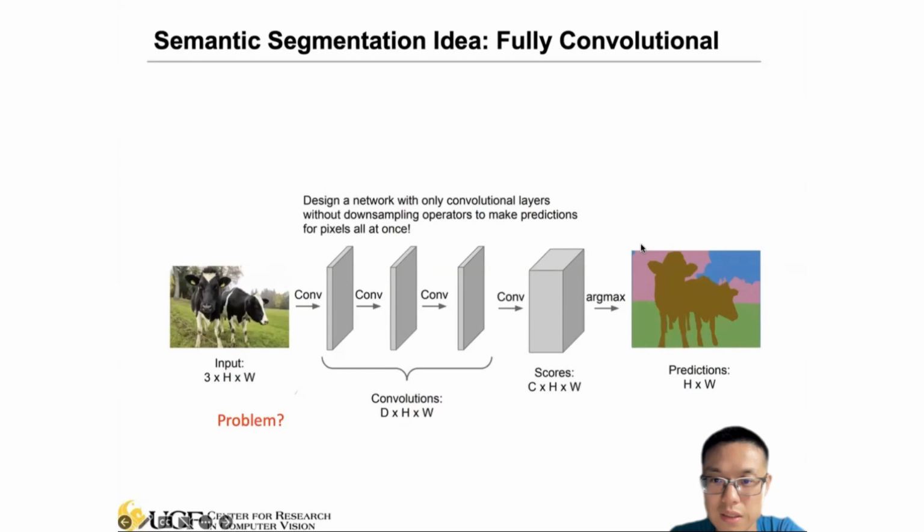So each pixel location is a 1 by 1 by 10 dimensional vector, and this can still be interpreted as the probability for each of the classes.